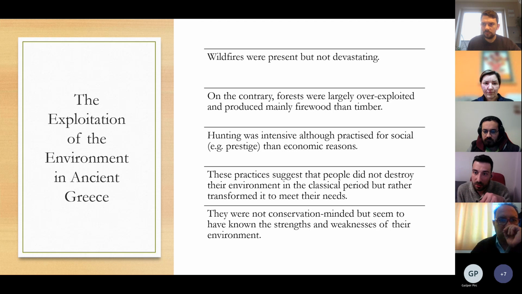They were not as conservation-minded as we are today, but they seem to have known the strengths and weaknesses of their environment.